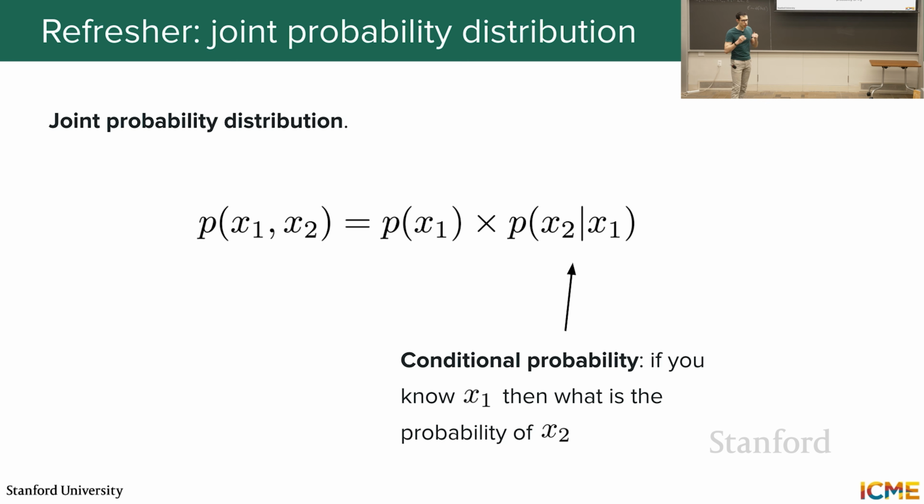Then you can compute the joint probability distribution by taking the probability density of x1 and multiplying that by the conditional probability of x2 given x1. This is just by definition, the probability chain rule.